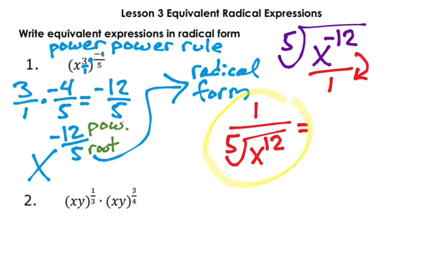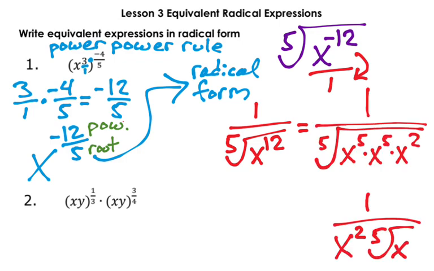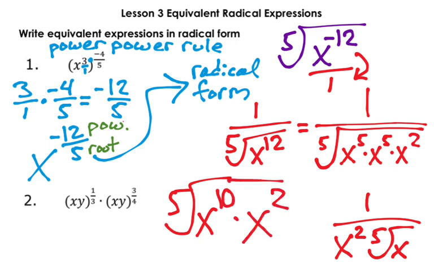But if you wanted to go one step further, you could remember that you're able to take the fifth root of x to the 12th because, another way of expressing this, it's like saying the fifth root of x to the 10th times x to the second power, which is also exemplified right there with the 2 copies of x to the 5th.